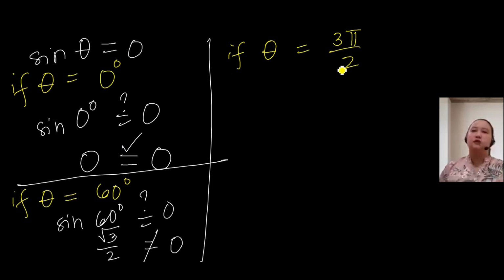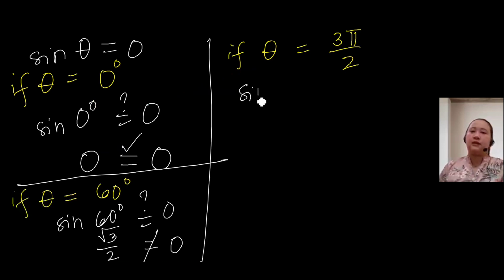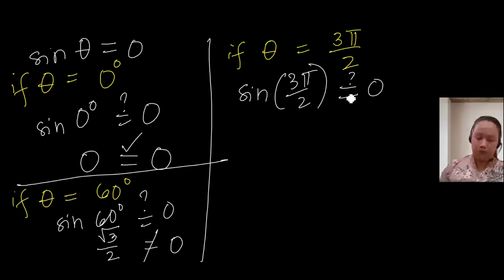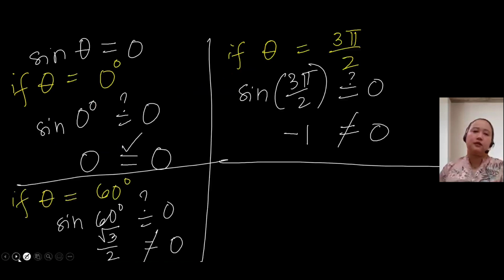So you have to change the mode of your calculator into rad or radian. So we have sine of 3 pi over 2. Do you think this is equal to 0? Sine of 3 pi over 2 with your calculator is -1. Then the right side is 0. So it is very obvious this is not equal. Okay, another example.